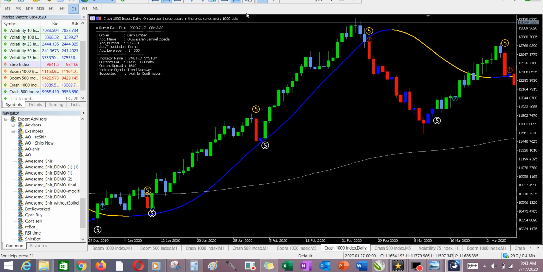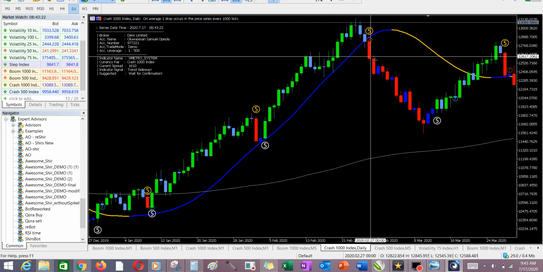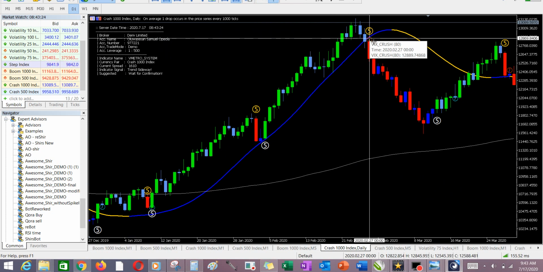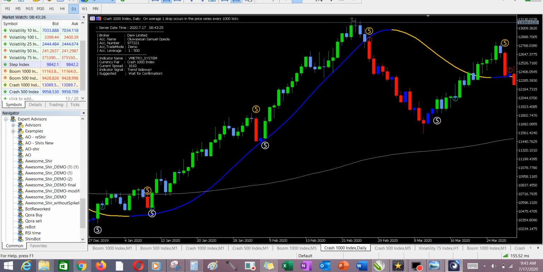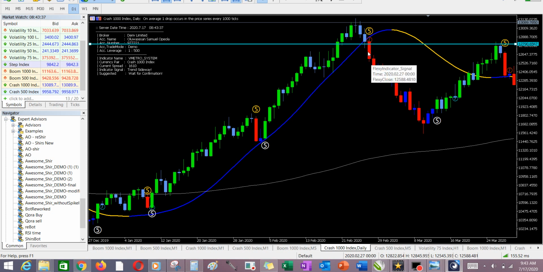Okay, once a price action, let me show you how I usually put this into action. Let's say I want to sell. Let's say after checking my daily time frame, I notice that it has crossed downward. You can see it has crossed downward.